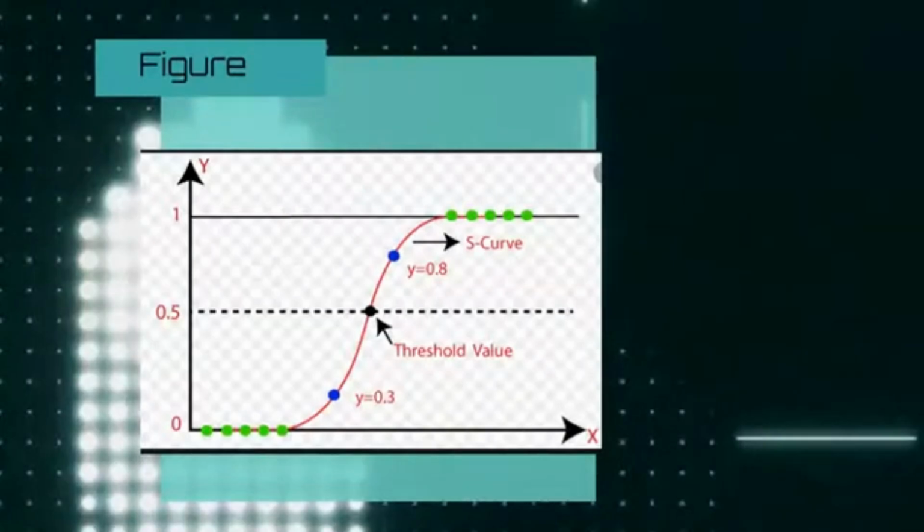There's a sigmoid function, a slight S curve, and if you can see this threshold value, if any instance lies above this threshold value, then it is classified in the upper class. Otherwise, it is classified in the lower class. So this is how it works.